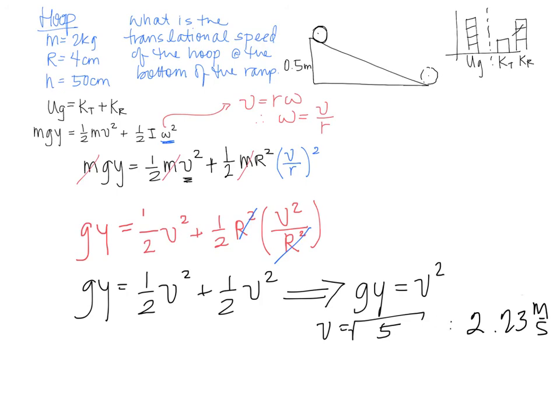My approximation sign is not very pretty right there. So it's about 2.2 meters per second. So you can analyze the speed of an object based on its moment of inertia. So you can do the same process again, but make it a solid disk, and the moment of inertia would be 1/2 mr squared, and so the speed at the bottom would be different.